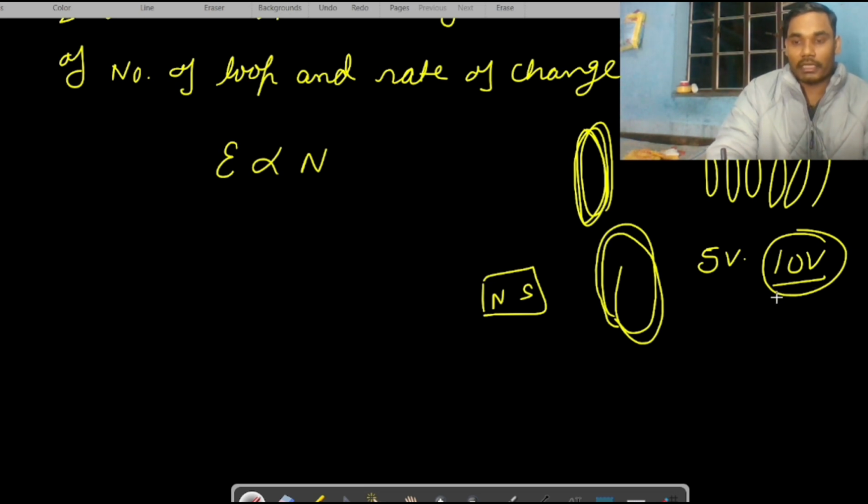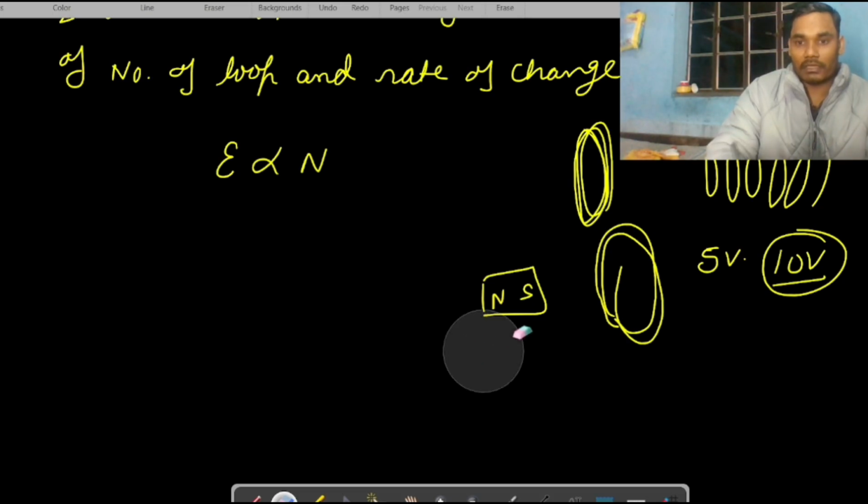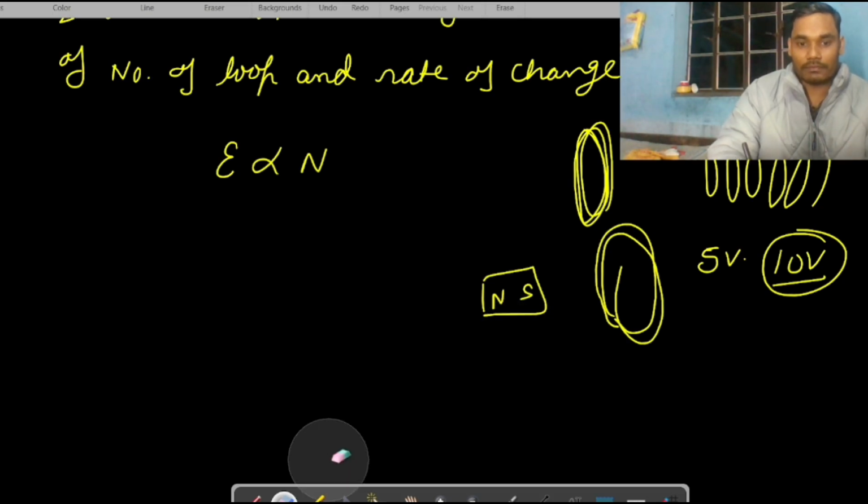But one more thing, you have to push harder than earlier. So this double voltage you are getting because you are pushing harder than earlier. So everywhere conservation of energy is followed.